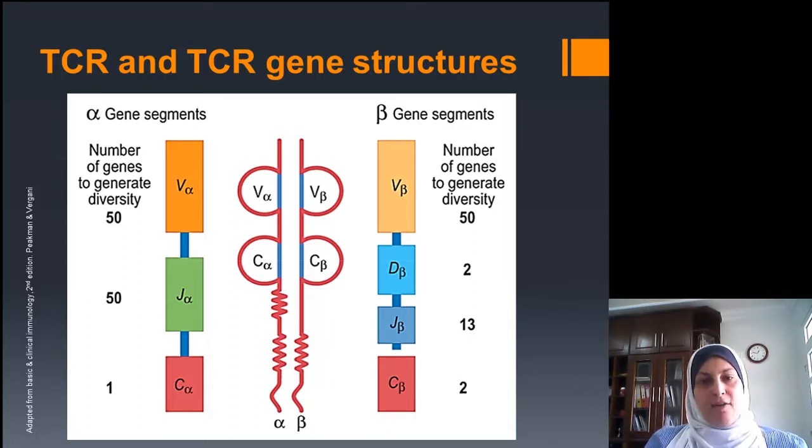For the beta segments, we have the variable region, diversity, junctional, and constant. You have 50 options of the variable, 2 of the diversity, 13 of the junctional, and 2 of the constant. So by multiplying this, 50 by 2 is 100, times 13 is 1300, times 2 is 2600 for the beta gene segment.